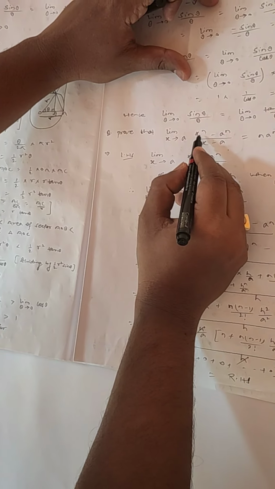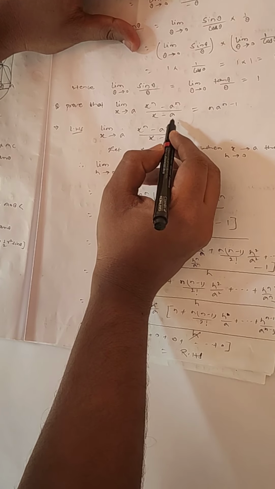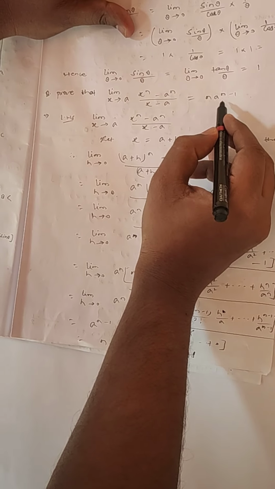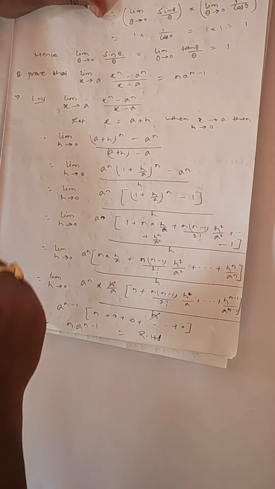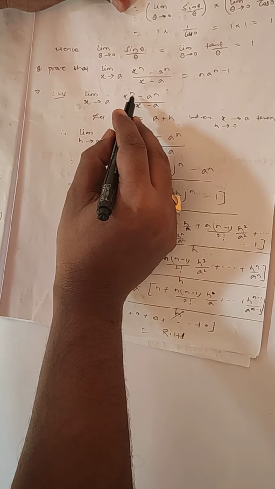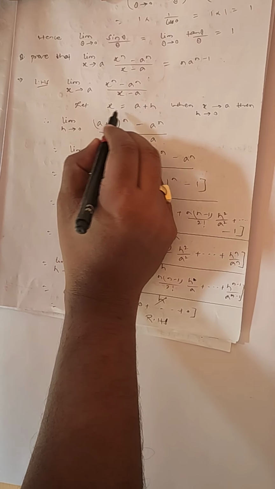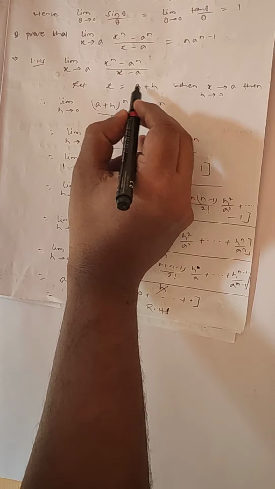Now next, limit x tends to a of x raised to n minus a raised to n by x minus a is equal to n a raised to n minus 1. LHS: limit x tends to a of x raised to n minus a raised to n by x minus a. Let x equal a plus h.